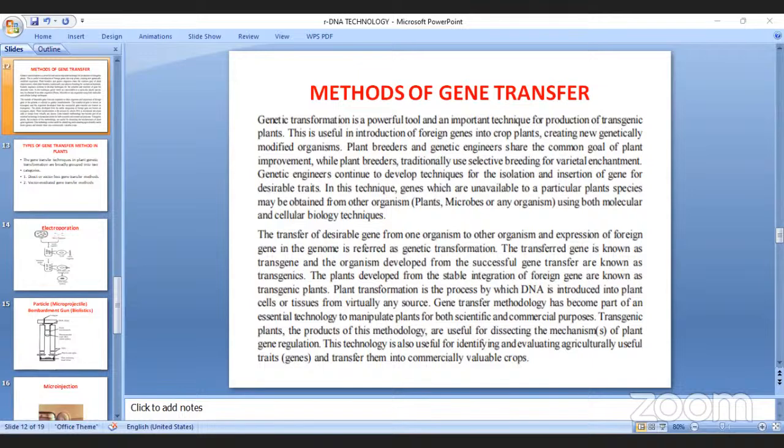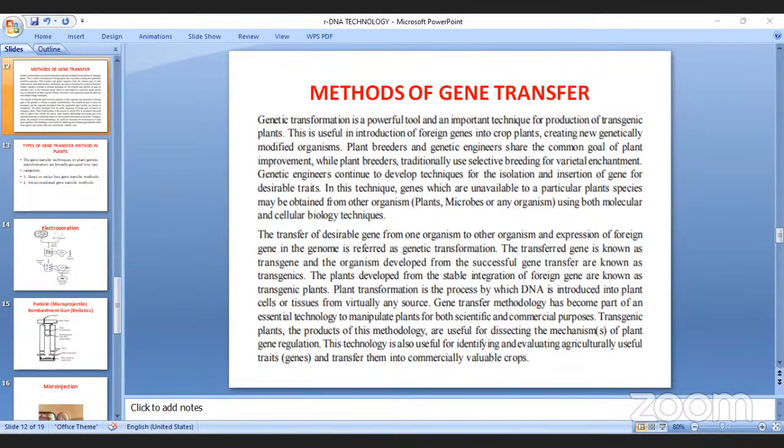The traditional method takes a lot of time to get a desirable character, but through this gene transfer method, the desirable gene can be obtained within a short period of time. In these techniques, genes unavailable to a particular plant species may be obtained from other organisms, such as plants, microbes, or any organism, using both molecular and cellular biology techniques. So this is the brief introduction.